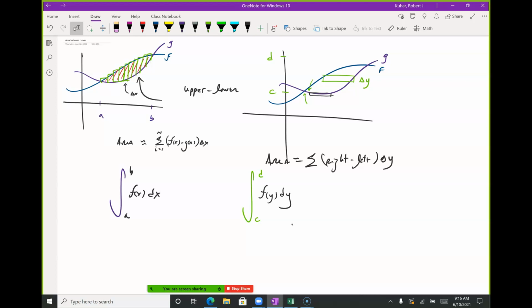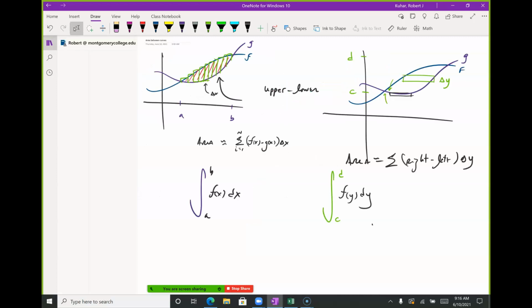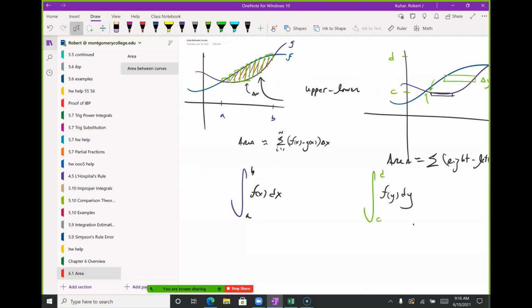Does that make sense? So I just don't want anything to be a shock to you. So the WebAssign homework for this stuff is easy. Easy setup, easy integral. Mine will be easy setup, chapter 5 integral, right? So let's do some examples of this.